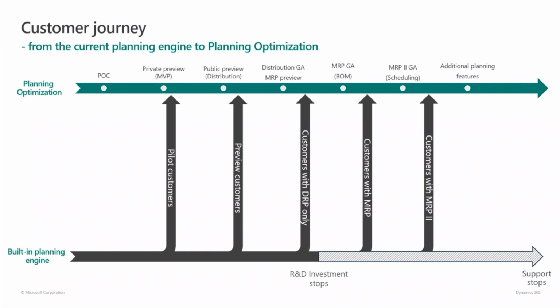And once additional planning features are made available, it will keep on extending and improving. We'd like customers to follow and align to ensure they're moving to the new service, and at some point we will deprecate the built-in planning engine.